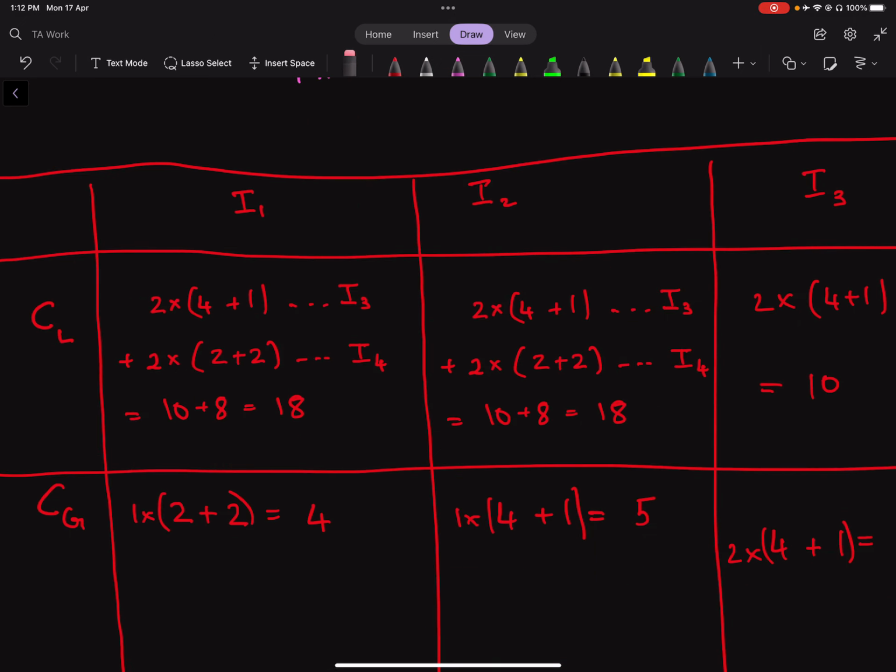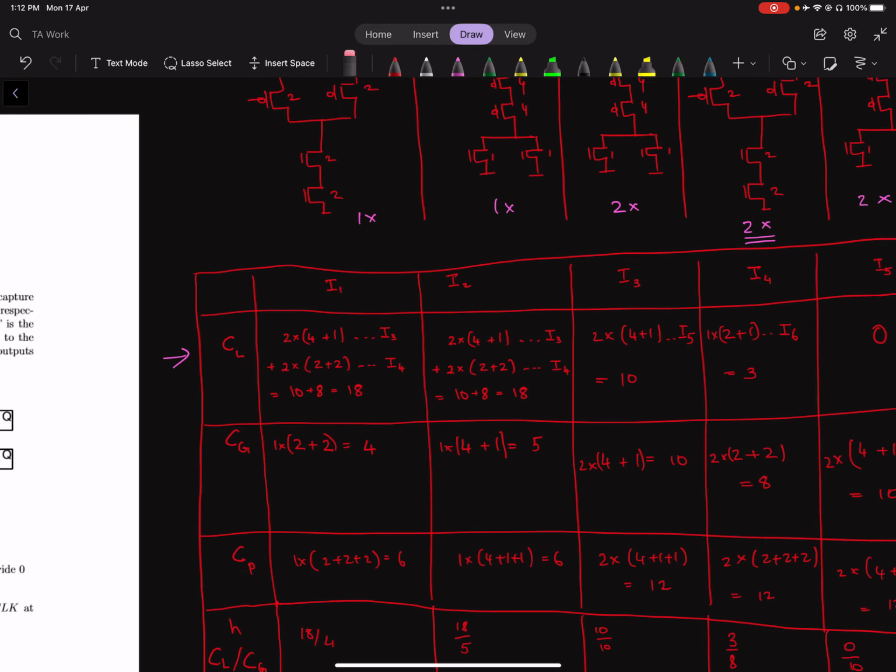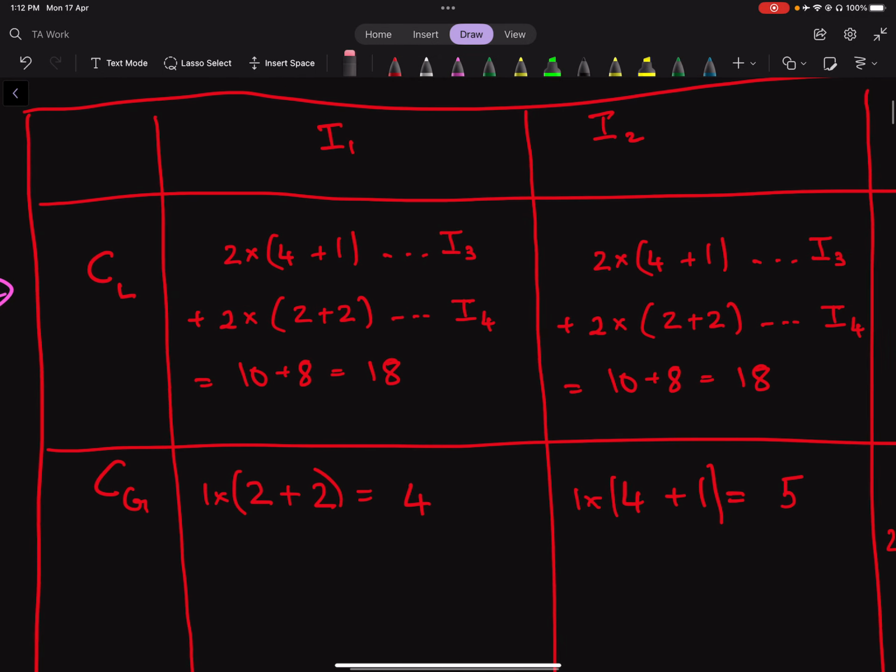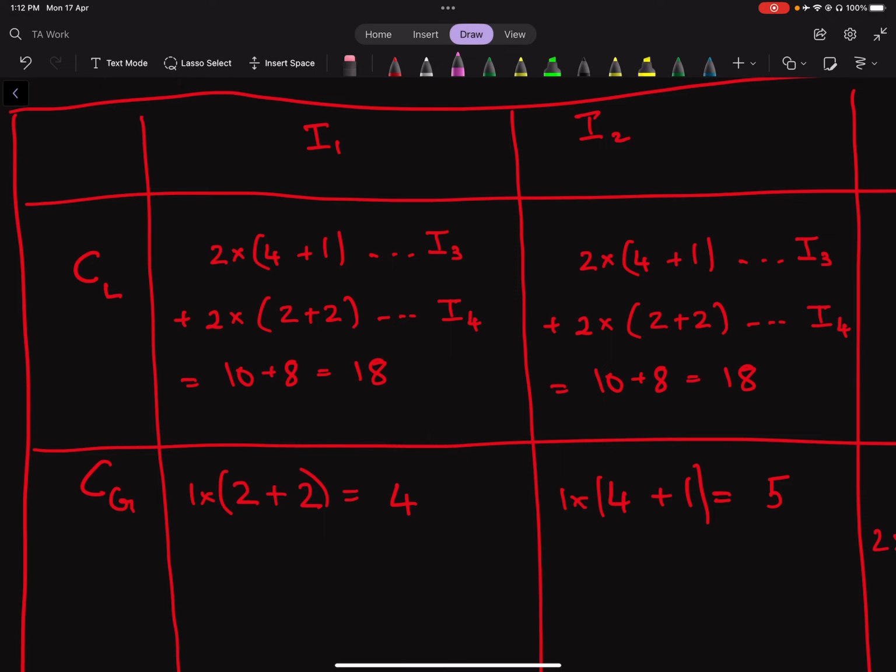And remember, what are we trying to calculate here? We're trying to calculate what gate capacitance is seen by the logic gate I1 as its load.